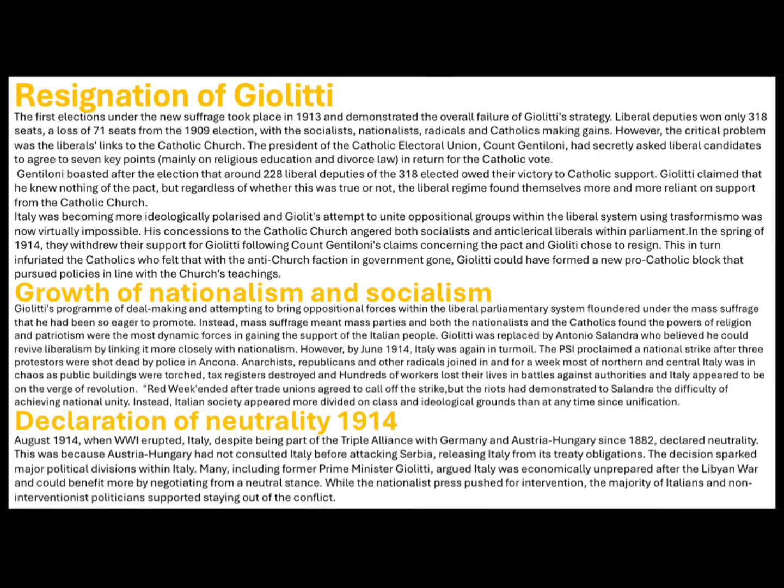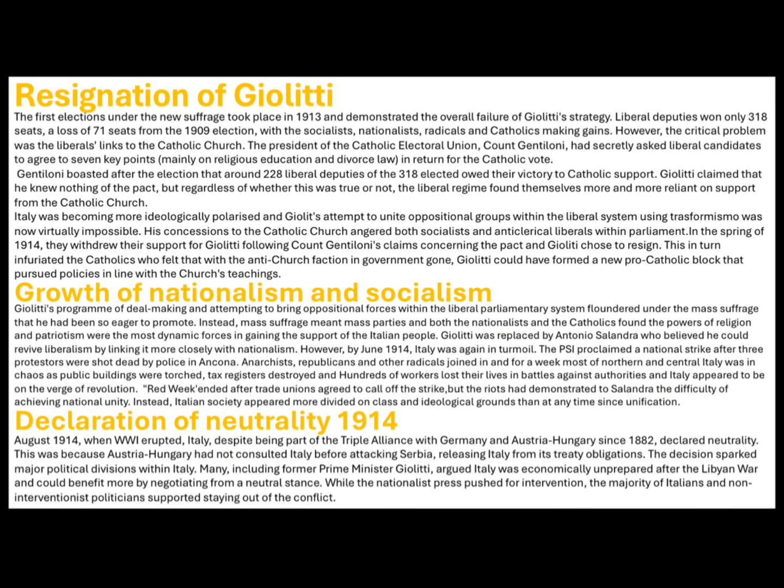And the Declaration of Neutrality in 1914: in August 1914, World War I erupted. Italy, despite being part of the Triple Alliance with Germany and Austria-Hungary since 1882, declared neutrality. This was because Austria-Hungary had not consulted Italy before attacking Serbia, releasing Italy from its treaty obligations.